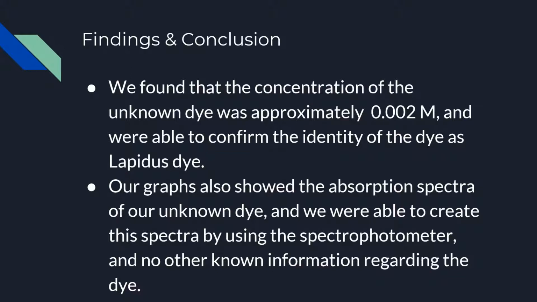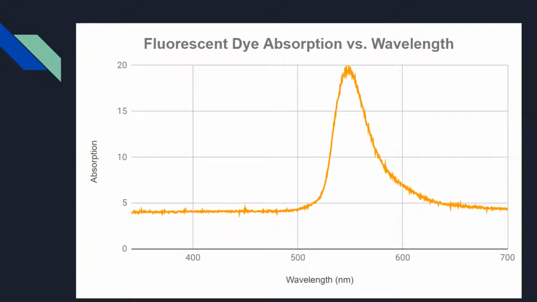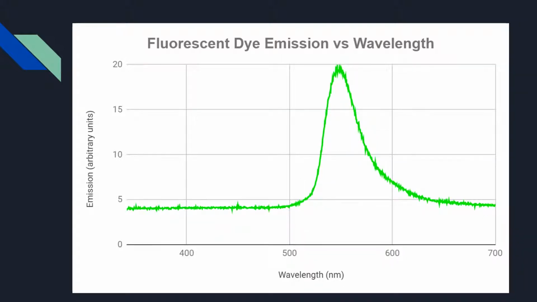Our graph showed the absorption spectra of our unknown dye, using the spectrophotometer again, and we had no other information about the dye besides what we were given. Now for our fluorescent dye, this is the absorption curve, and in the visible light spectrum, this is what we calculated to be the absorbance. Here's the emission curve, and granted, they do look identical.